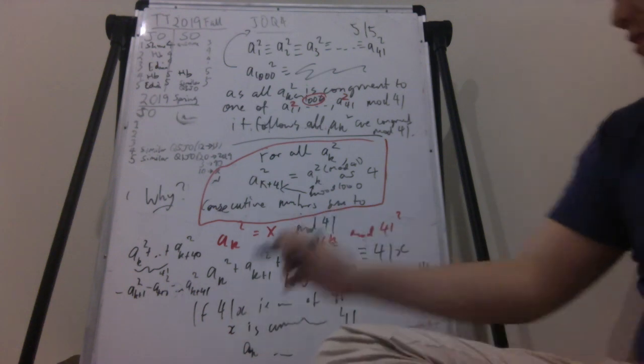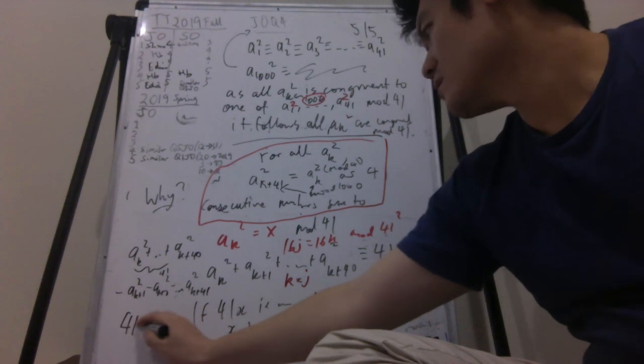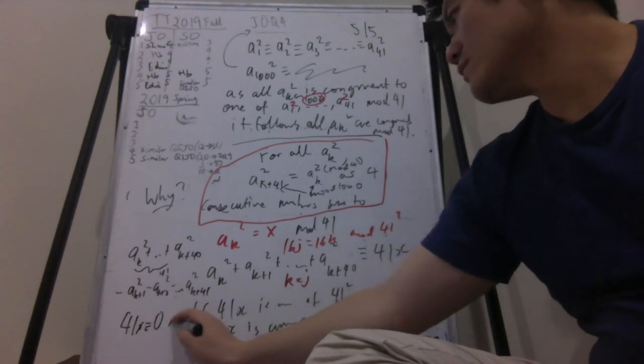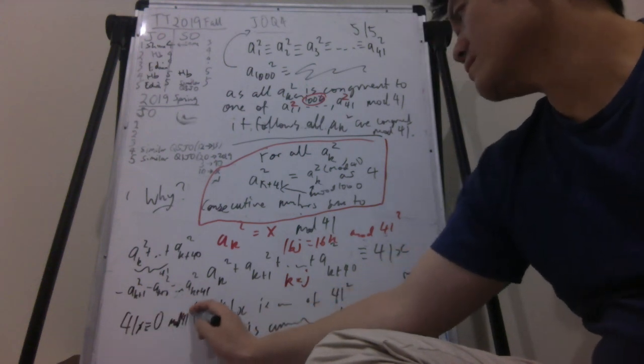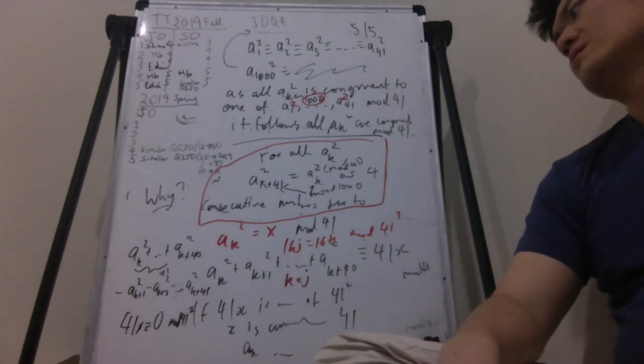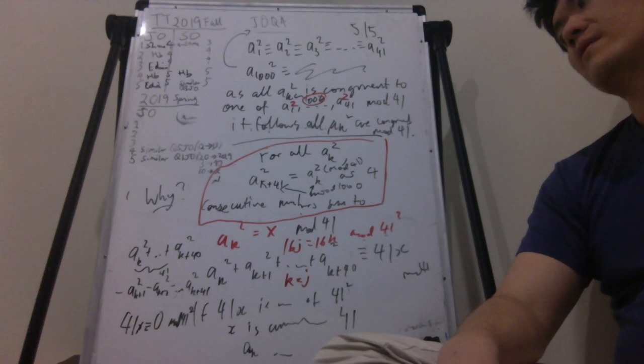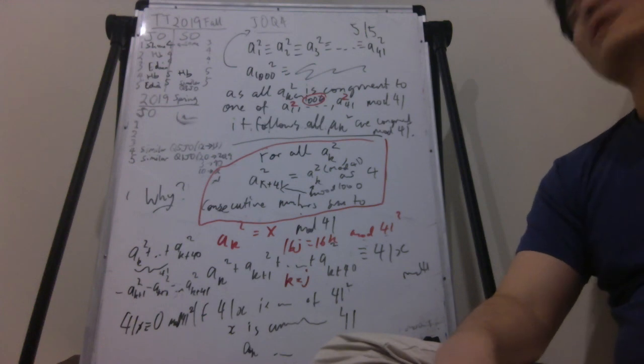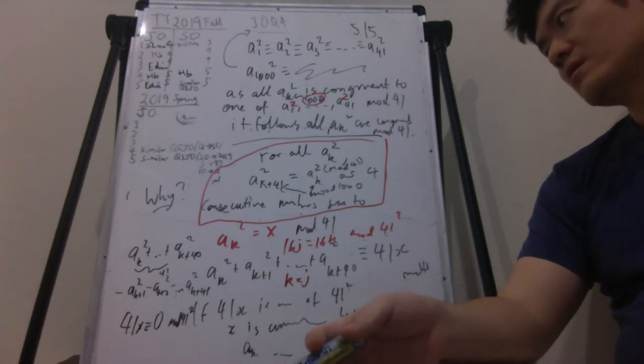So 41x equals 0 mod 41 squared, right? Okay. So that means x is divisible by 41, yeah? And x is a something squared.